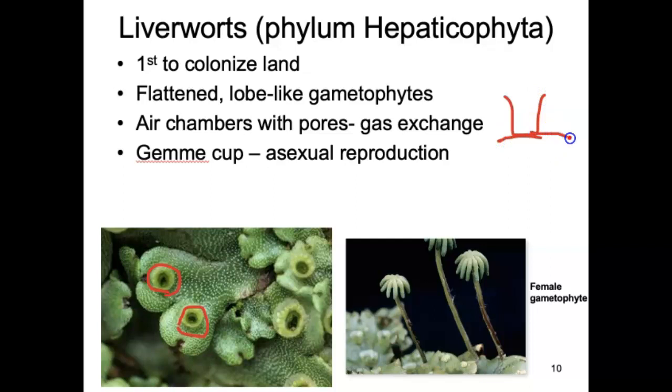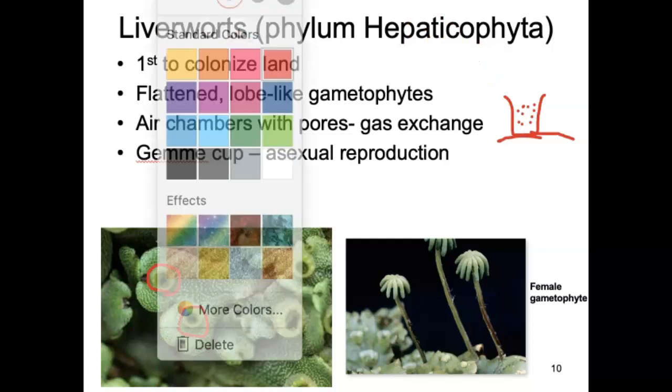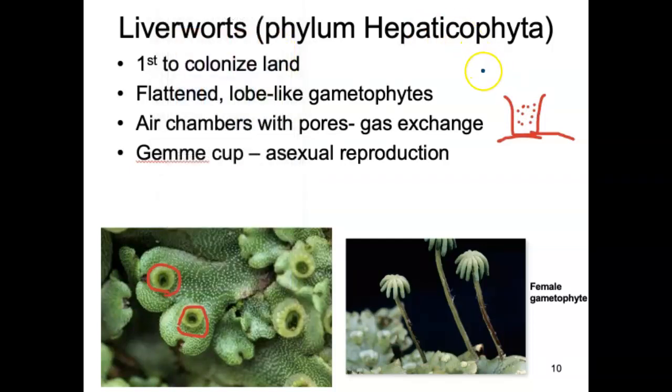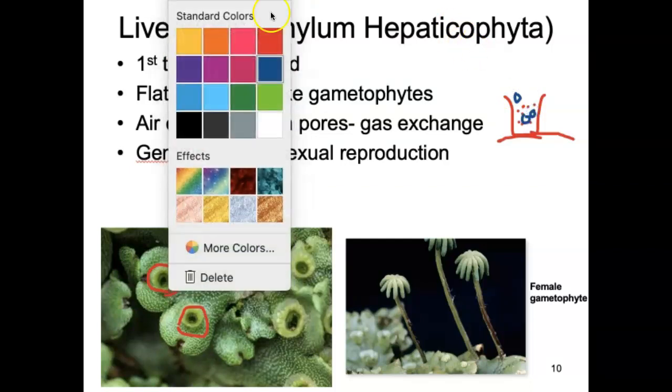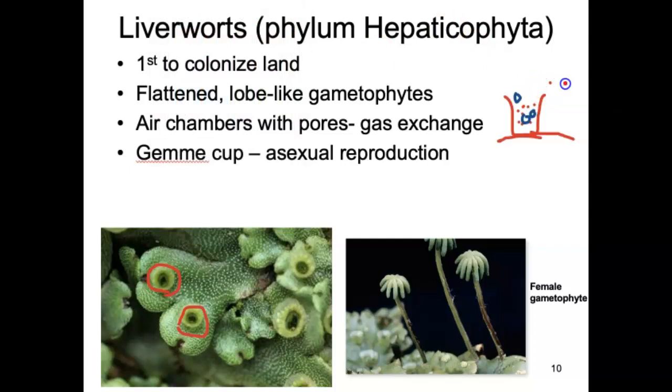There's the flattened body of the liverwort, and inside of it, it will produce new cells through mitosis. And then when it rains, water splashes in, fills it up, and splashes out your reproductive cells, your little structures. So it's a way of asexual reproduction through the gemma cup.